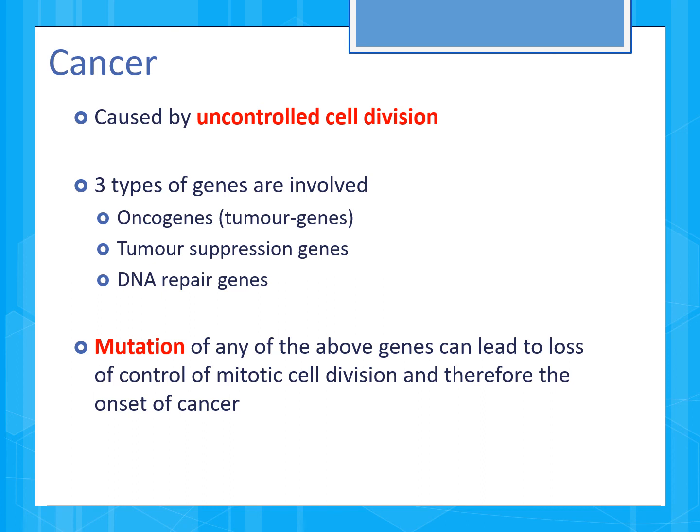This is something that we'll come back to in the cells topic, at which time we'll look at it in a lot more detail. For now, we're just touching on it from the perspective of epigenetics. The uncontrolled cell division in the cell cycle is something we will come back to, so don't worry too much about the intricacies of that just yet.